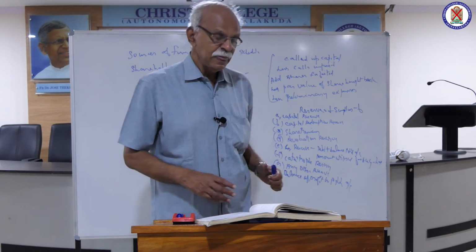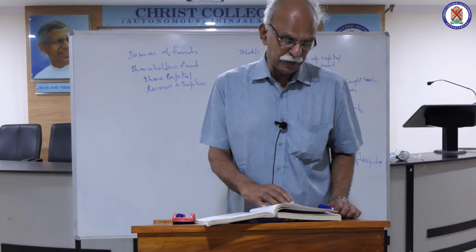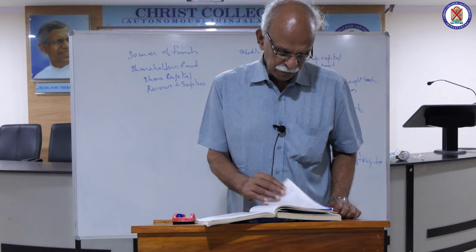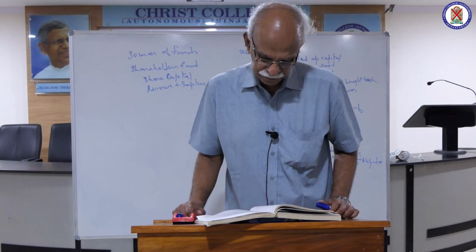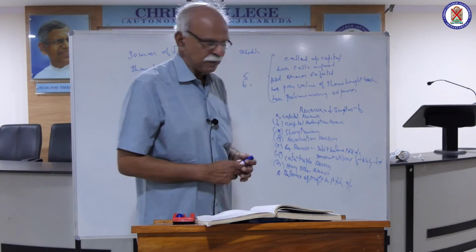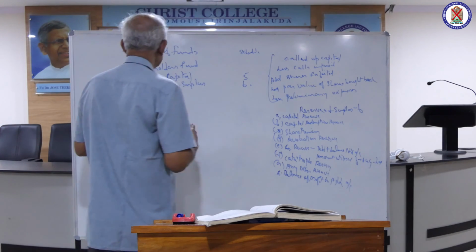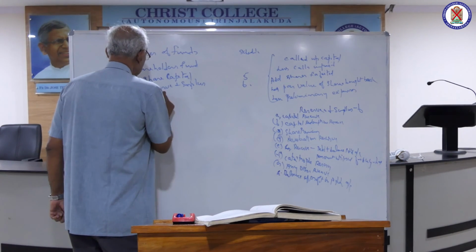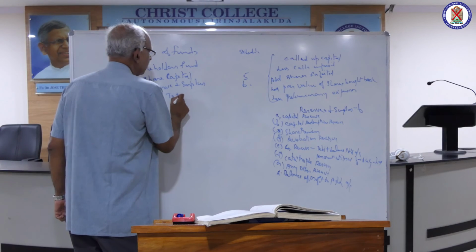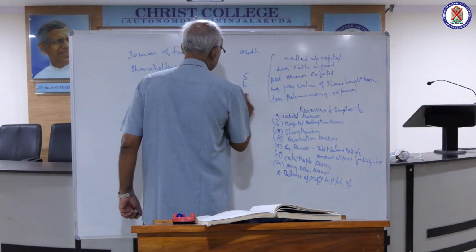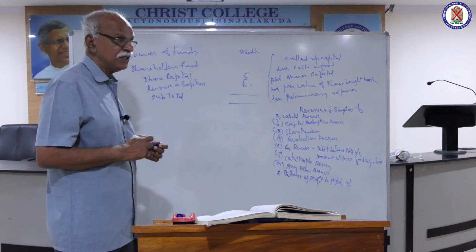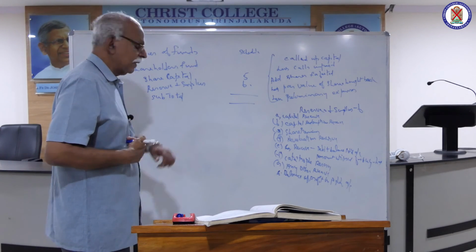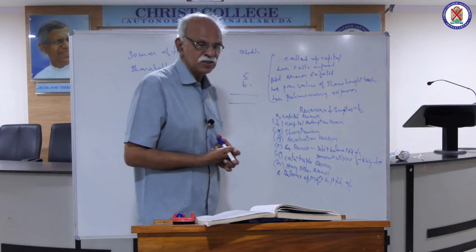Balance means not debit balance, but profit. Now you will get the subtotal. You have to write the subtotal, that is the total of shareholders fund. Shareholders fund is share capital, then comes reserves and surplus.